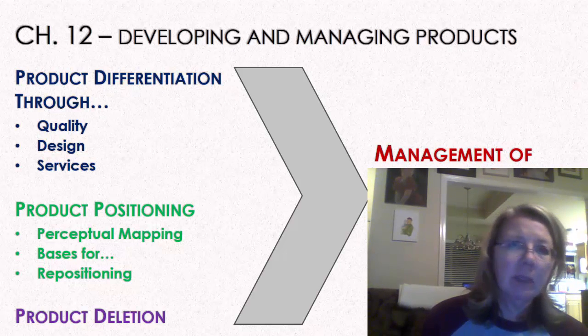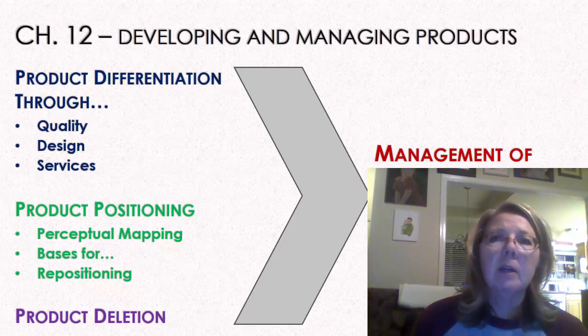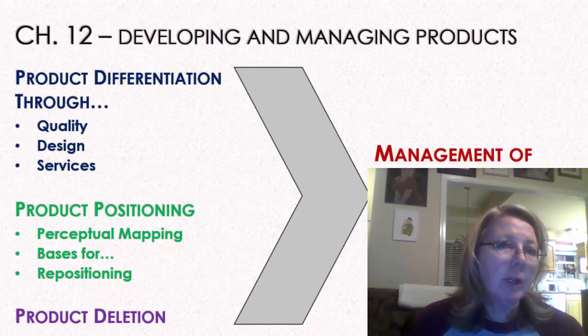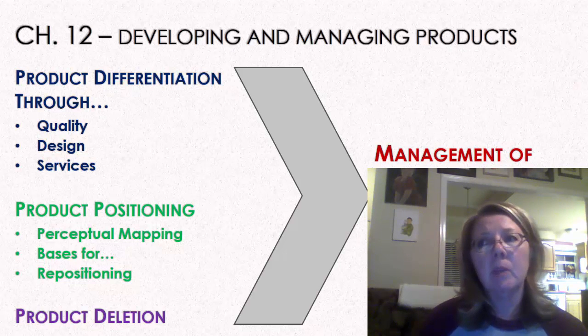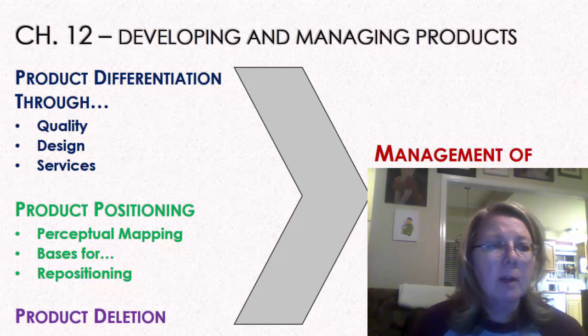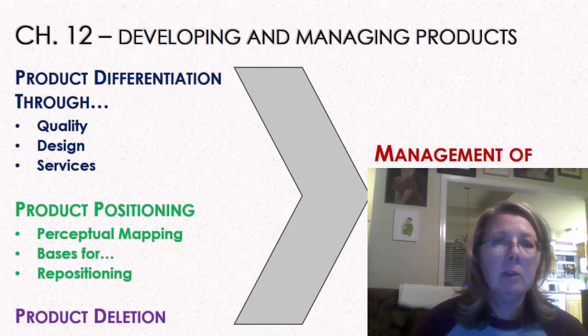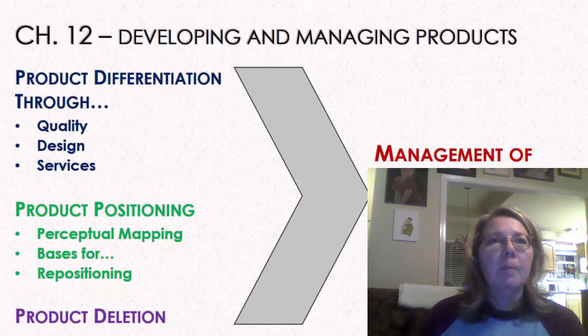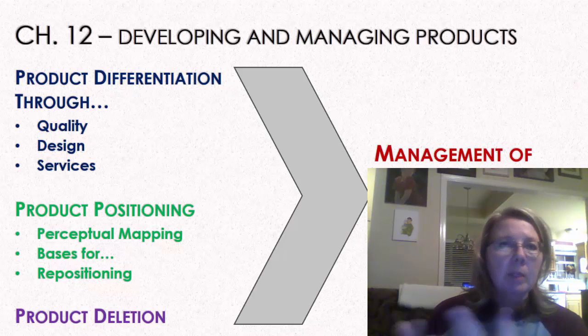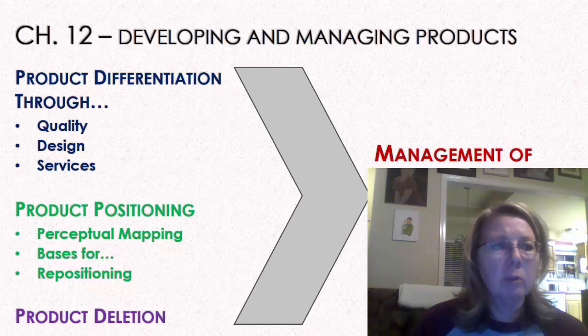Baking soda is something you use to cook with, but you may remember there was a big push some years ago for using baking soda as a cleaning product, as a toothpaste, as a drain odor remover, that kind of thing. So when you take an existing product and you market it to a new use or a new group of consumers, maybe even change the features to make that product something that can be marketed to a new group of consumers, that's considered repositioning the product.